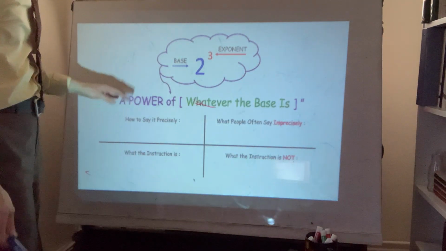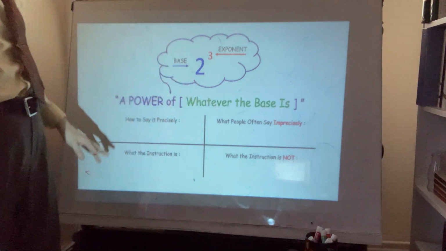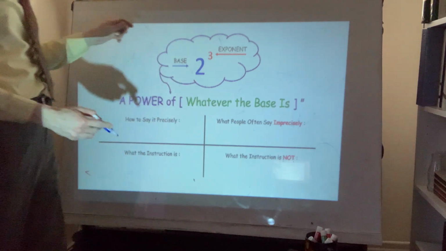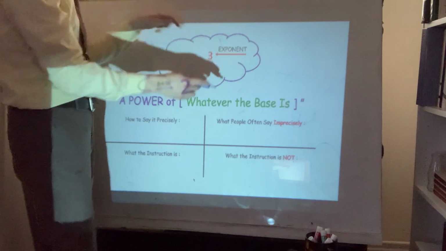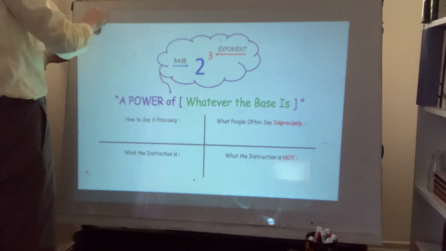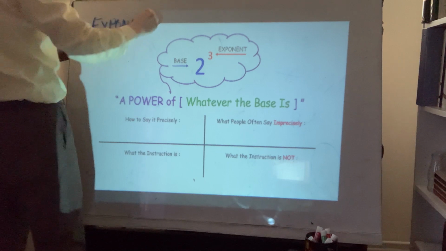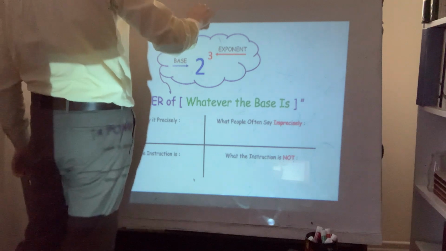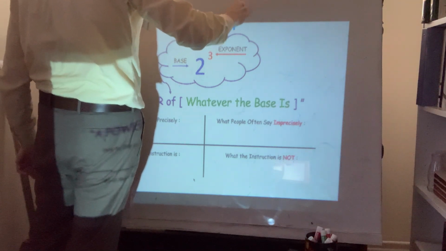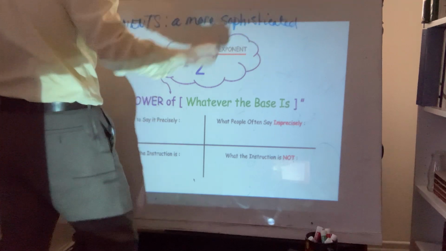Anyhow, you may have heard of the phrase powers. You may have heard of exponents. Now, just realize this. There's the individual parts involved. And when you're dealing with exponents, let's just say this up front: exponents is a more sophisticated form of multiplication.